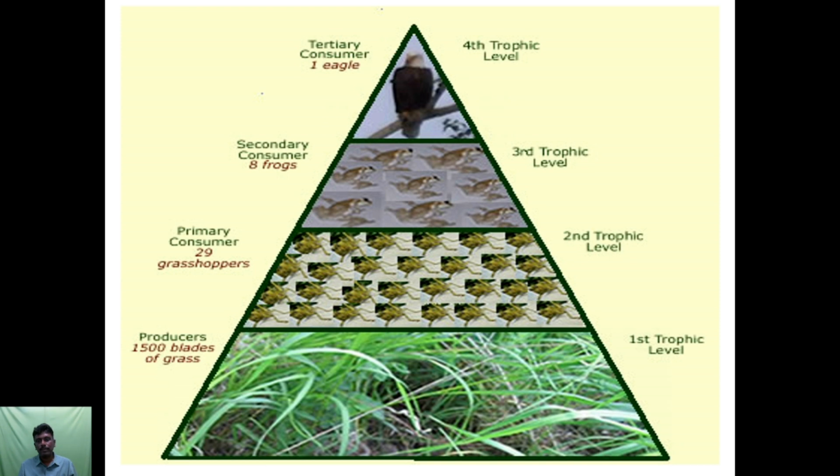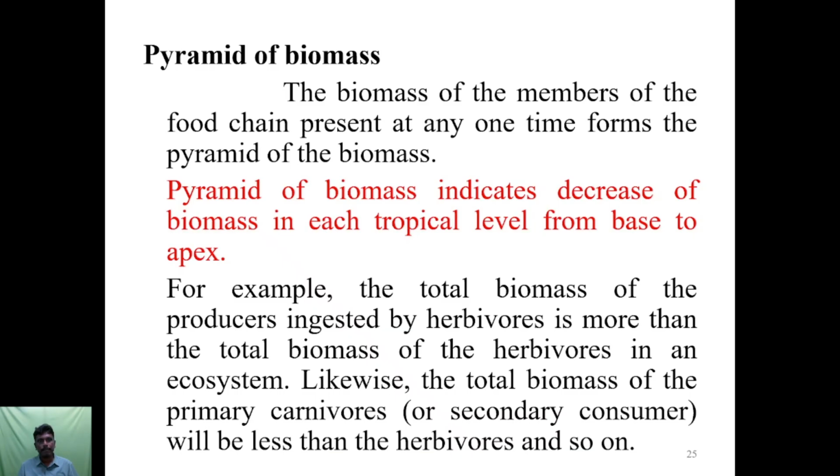Then we go to third trophic level, again it will decrease to 8 frogs, secondary consumer. Then in the last level, we are having one eagle, that is tertiary consumer. So number will decrease from lower level to higher level. So these are all based on the number in this pyramid.